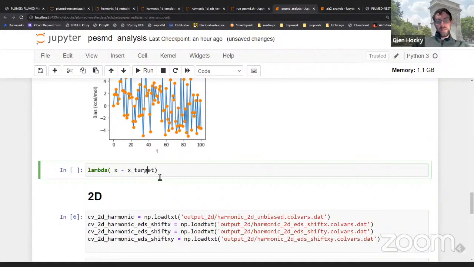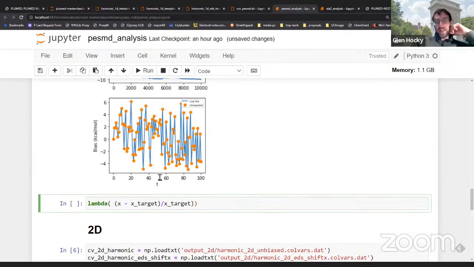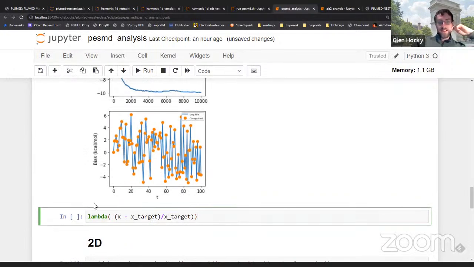And in the original one, if we hadn't put bias scale equals 1, then it would have had this divided by x target like this. And so from the Colvars file, you can confirm by plotting this or the bias column that it's being calculated correctly.